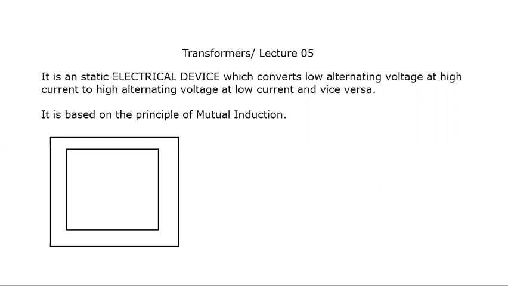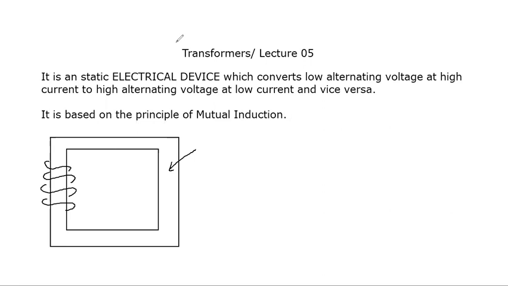So as you can see here, a transformer is made up of an iron core. This is basically the iron core of the magnet. It's made of a core of iron. And we have two sets of coils in this. We will have one set of coil here.